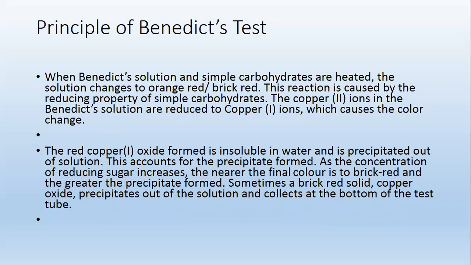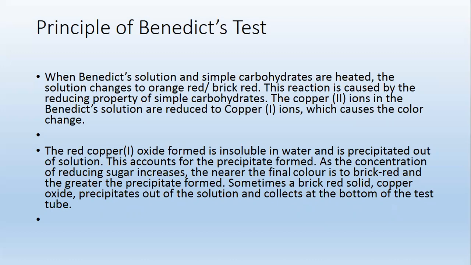Principle of the Benedict's test. When Benedict solution and simple carbohydrates are heated, the solution changes to orange red or brick red. This reaction is caused by the reducing property of simple carbohydrates.